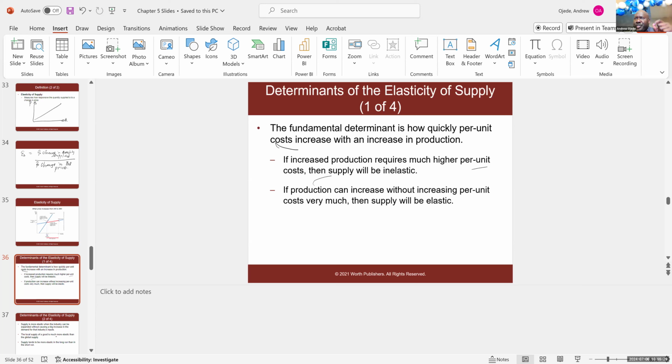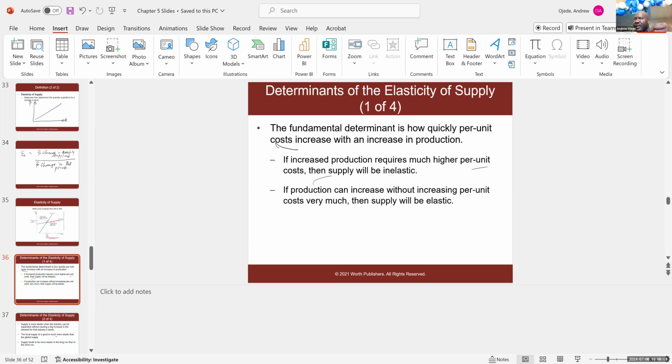In other words, producers are going to respond disproportionately by increasing the quantity supplied because it costs them less. So whether a good has elastic or inelastic supply depends on the per unit cost of producing that good. The larger the per unit cost of production, the more inelastic the supply curve is going to be, or the smaller the responsiveness from producers or sellers to any given price change.